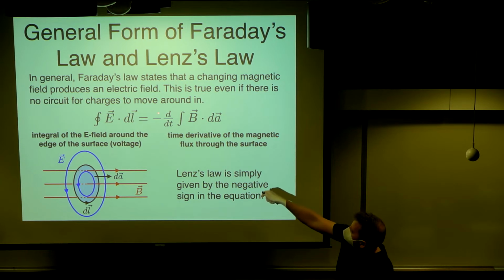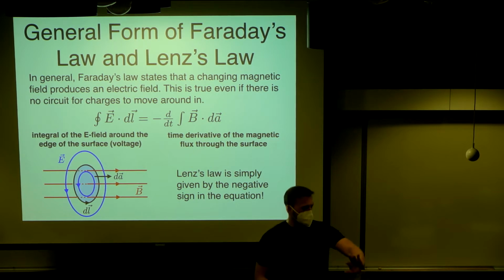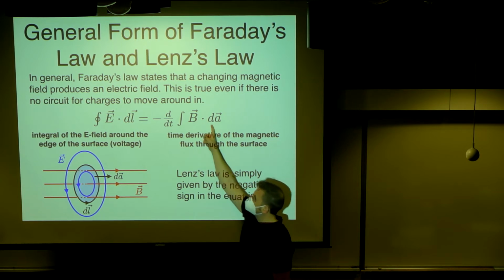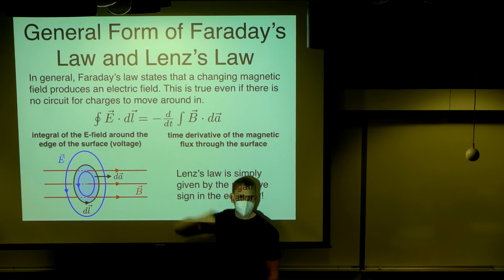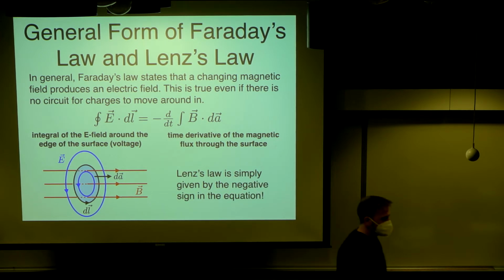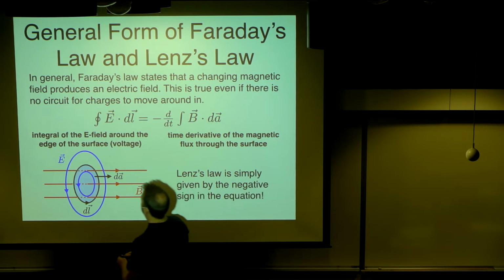So we have d/dt, that's the time derivative, on this side of B dot dA. That's the time derivative of the magnetic flux. That's the same as before, right? There's a changing magnetic flux, so we take the time derivative of it to say there's some change going on. On this side, what do we have?